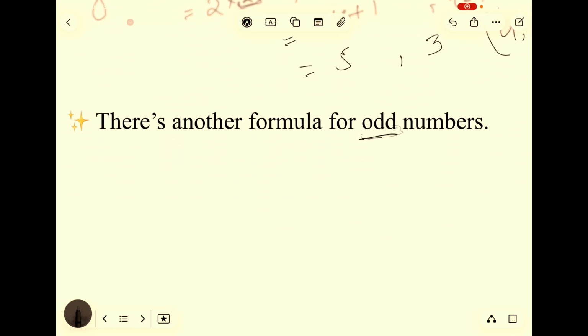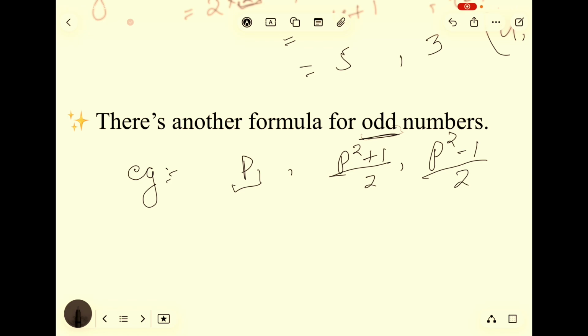Similarly, for odd numbers, for example, if we have any odd number p, then the other two numbers which will form a Pythagorean triplet with this p will be p square plus 1 upon 2 and p square minus 1 upon 2. Let us take any odd number. Suppose 5 is that number.